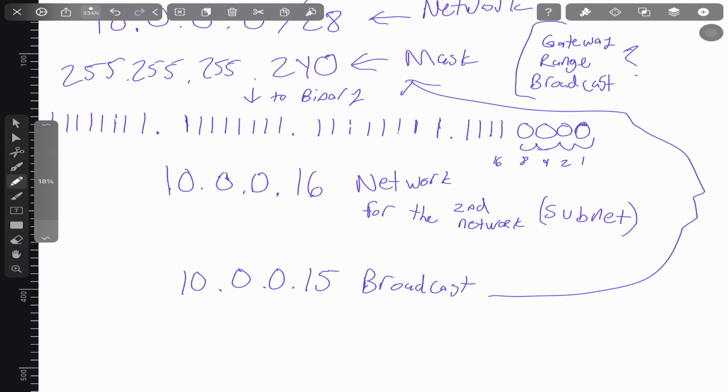And then the range is going to be from .1 to .14, and I'm going to use that first .1 as our gateway address.